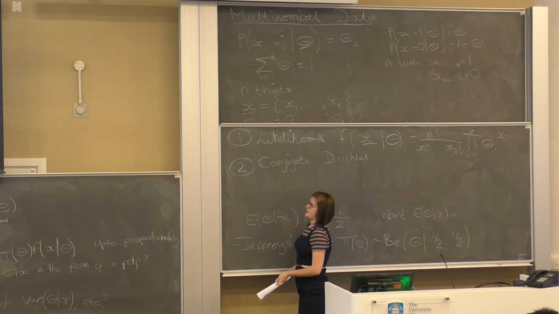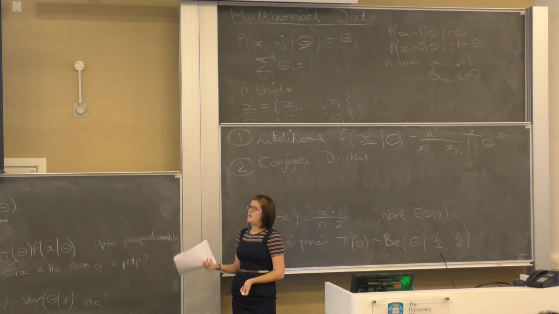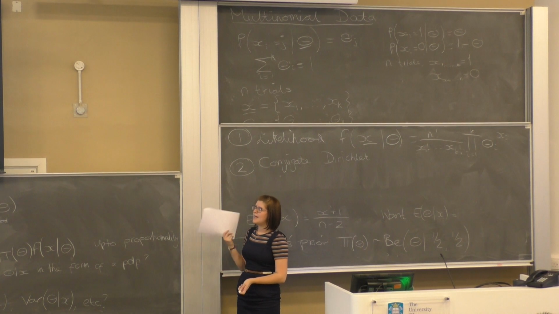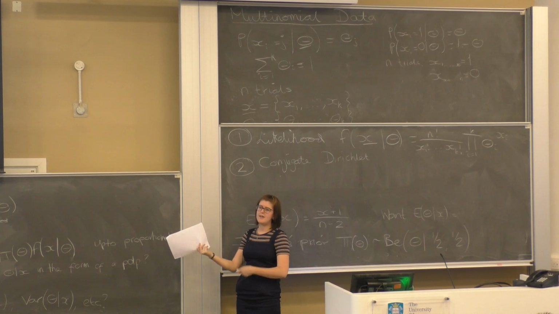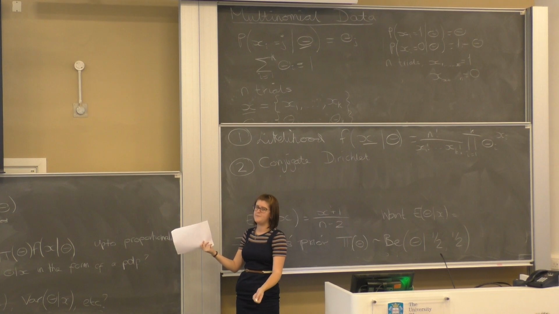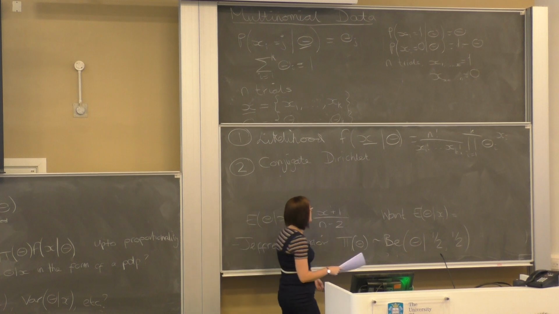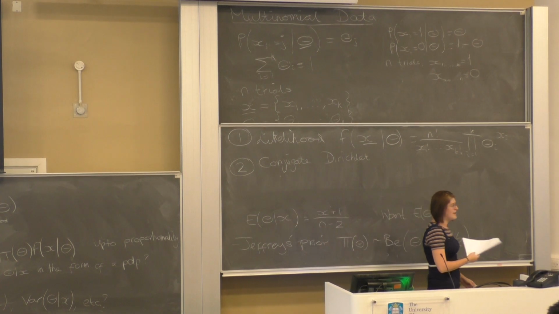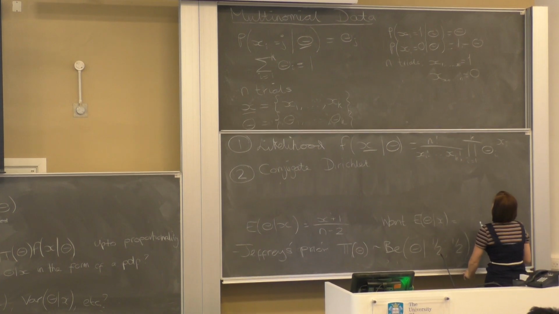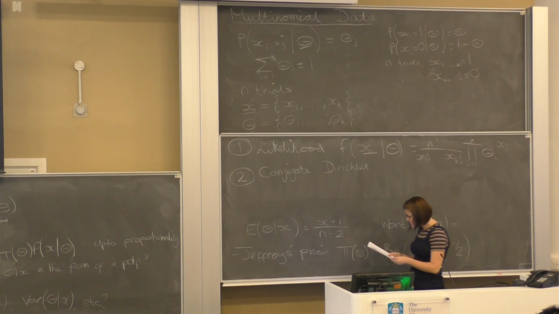Dirichlet is basically just another extension of a beta distribution in the same way as the multinomial distribution is a generalization of a binomial. A Dirichlet is a generalization of a beta. So it's not surprising then that that's our prior, because our beta was our prior in the binomial case.